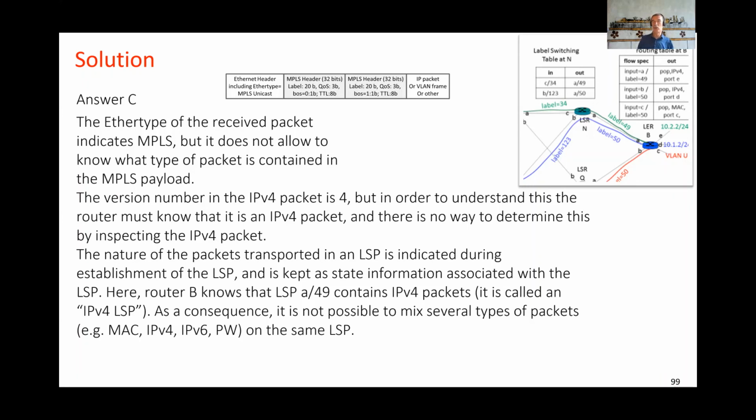In particular, it's not possible to mix with MPLS IPv4 and IPv4, for example, or traffic that is for interconnection of VLANs or IP connections. But that's natural, the idea of MPLS is to use a network to interconnect things that are very different in nature over the same network. So this is why things are done in this way.